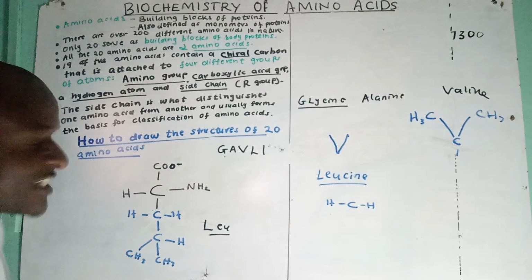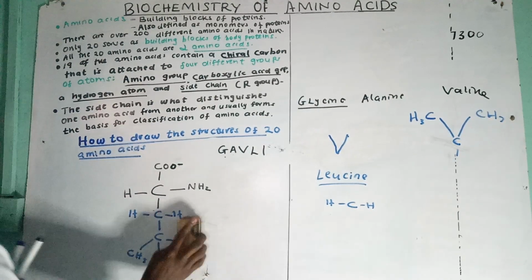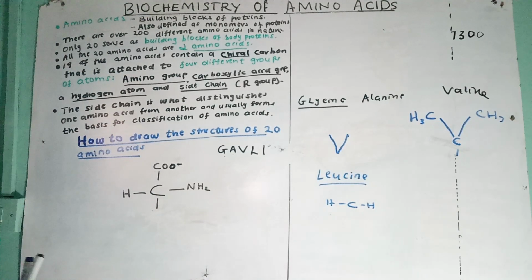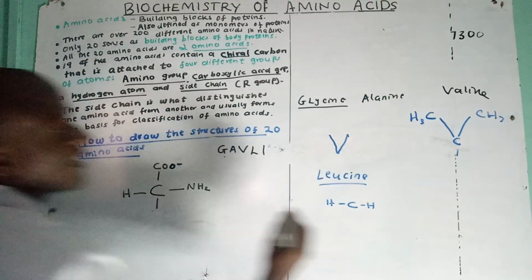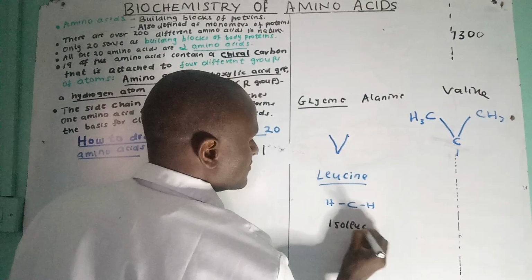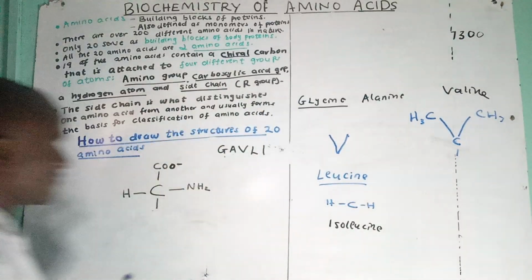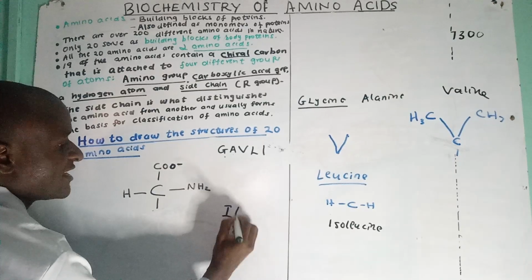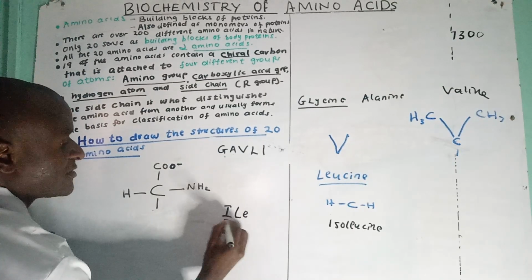So the next structure is isoleucine. Isoleucine is denoted as I, small l, small e like that.